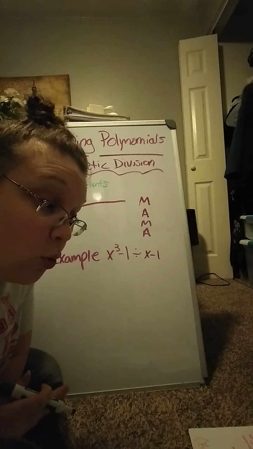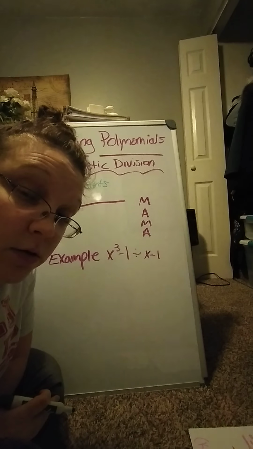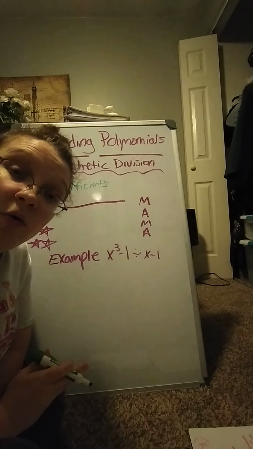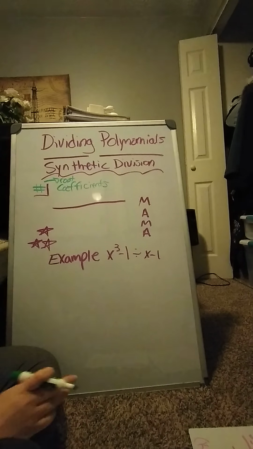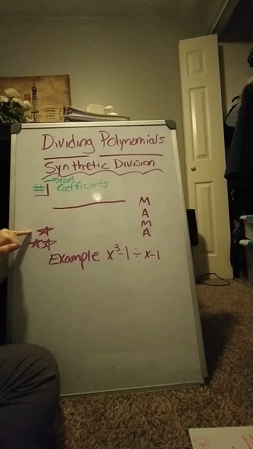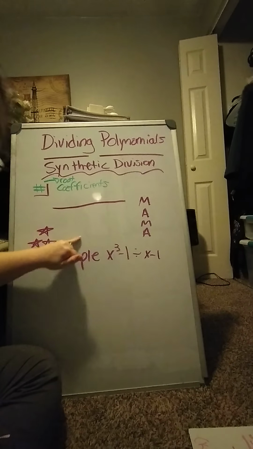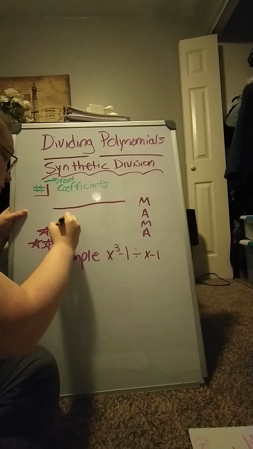If you're missing one of your terms, you will put in a 0 in its place. So, for this first star, if a term is missing, you fill in zeros.